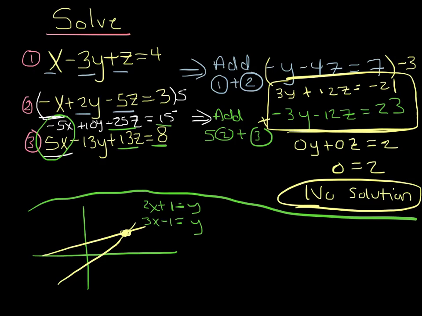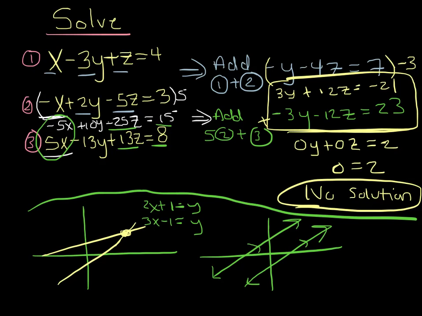What happens, however, when two lines are parallel? Well, that means they never intersect, so there's no solution. So that's in 2 dimensions.